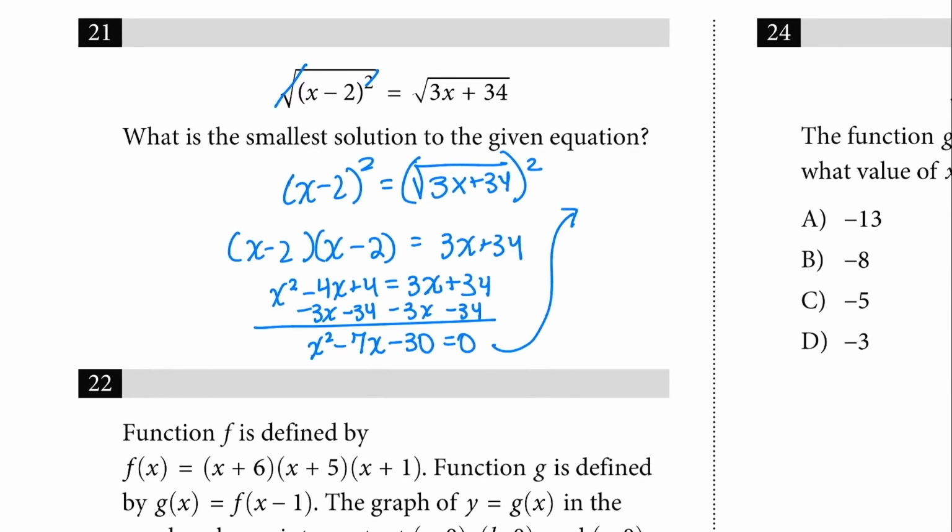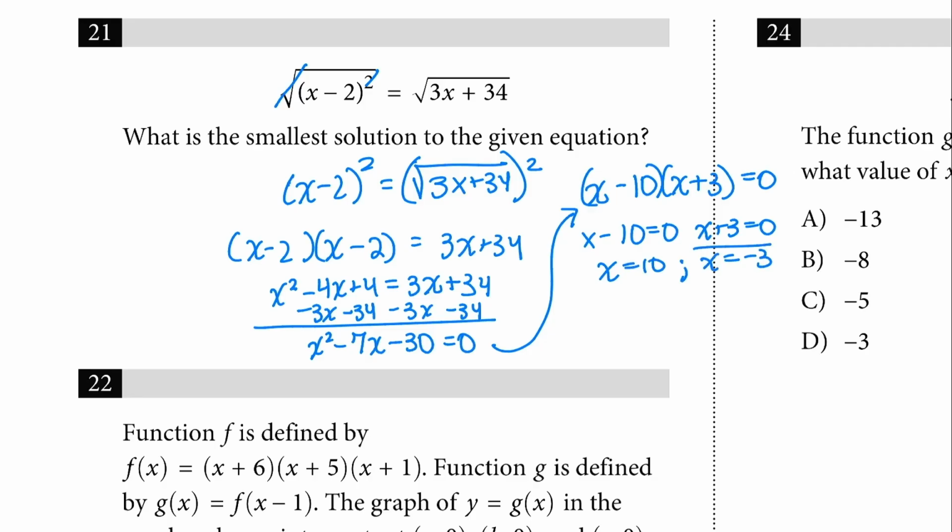So the factors of negative 30 that add to negative 7 are going to be 10 and 3. Whenever we set those equations equal to 0, we're going to get x equals 10 and x equals negative 3. So the smallest solution is going to be negative 3.